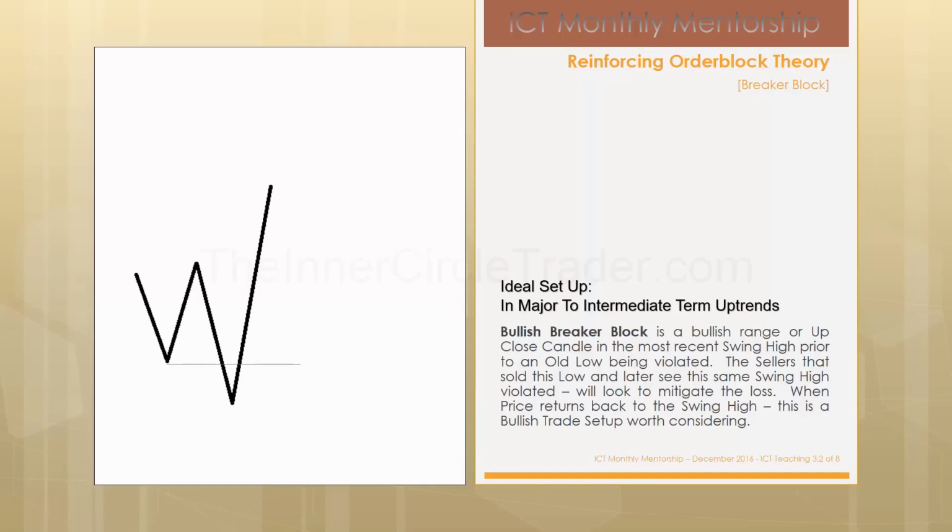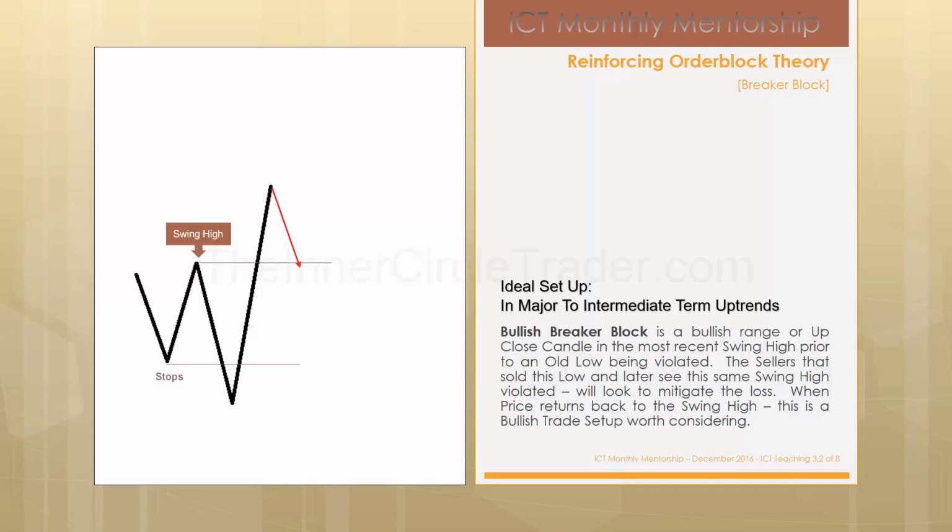Again, we have an old low that's violated, taking out sell stops below that old low. Our swing high is where we're going to be looking for our bullish breaker, but we have to wait for price to break through that swing high to confirm that there has been a run on stops. Inside that swing high will reside a bullish breaker.